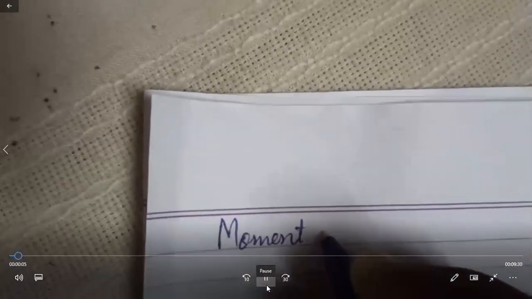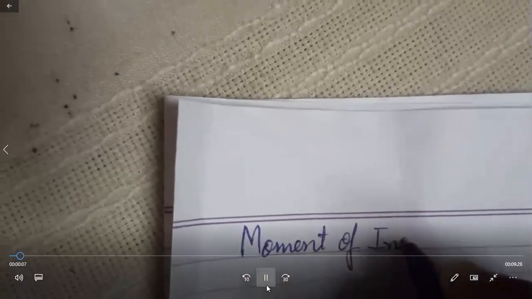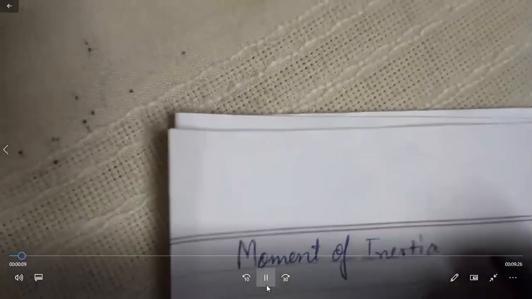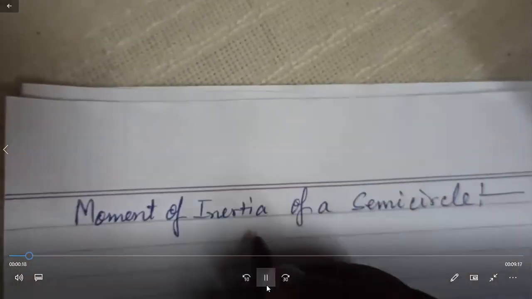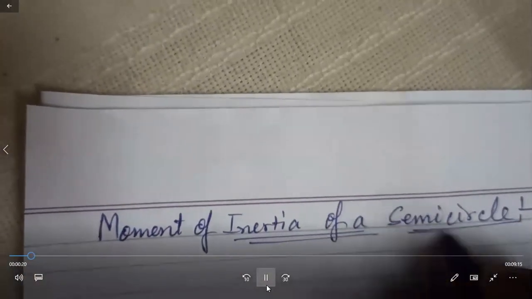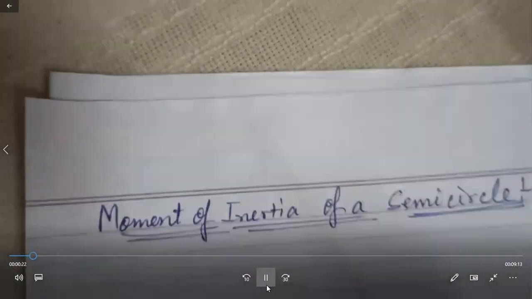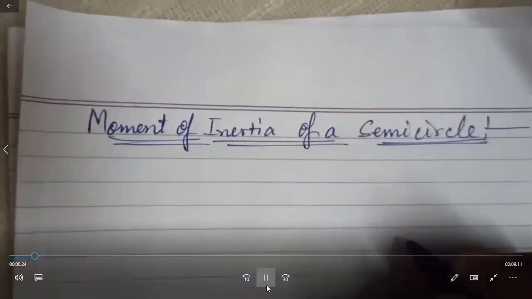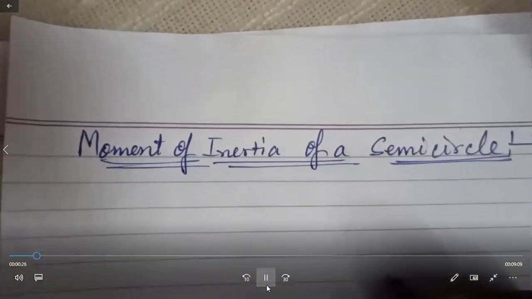Now the moment of inertia of a semicircle. So now this is a semicircle.